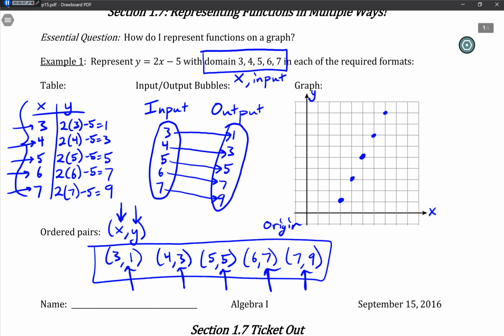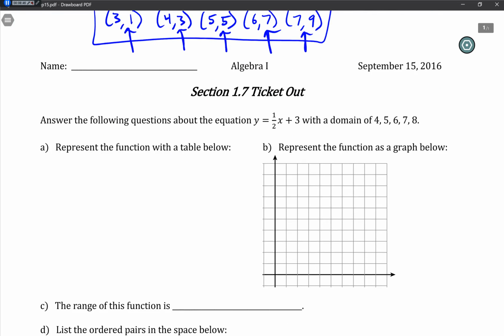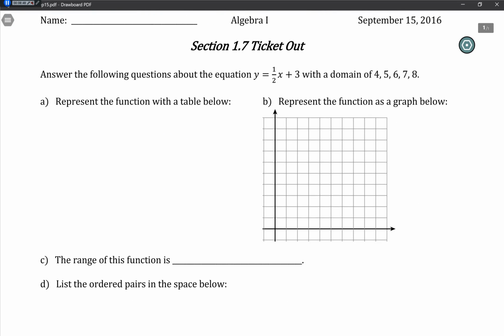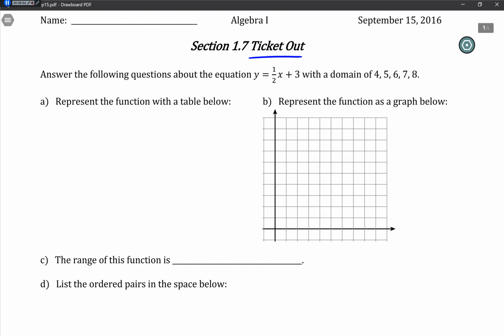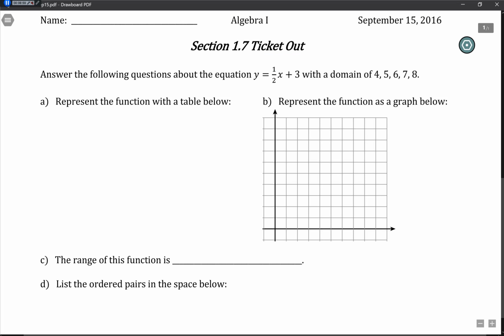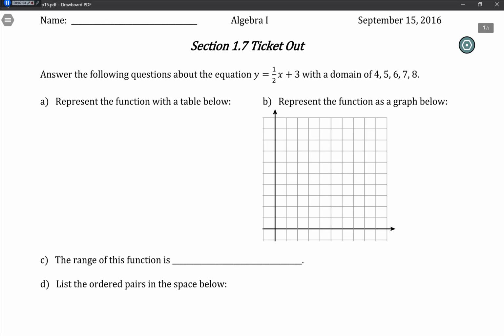Pretty easy, right? Just remember, in the rest of class, you have 2 tasks left. Your first task is you need to complete this ticket out the door. Now, what a ticket out the door means, and your substitute should be passing it out to you after we get done watching this video. The ticket out the door means that literally to exit class today, you need to hand to the substitute this ticket out.